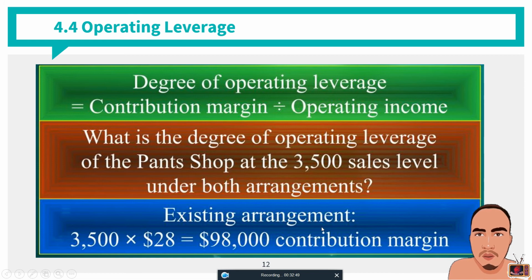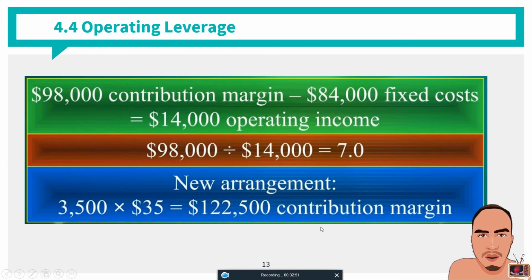So for you to get the operating leverage of 7, the contribution margin will be 122,500. Previously it was $28 per unit and it became $35 per unit. So 28 plus 7 is equal to 35.